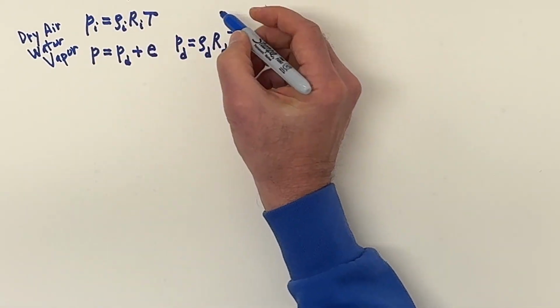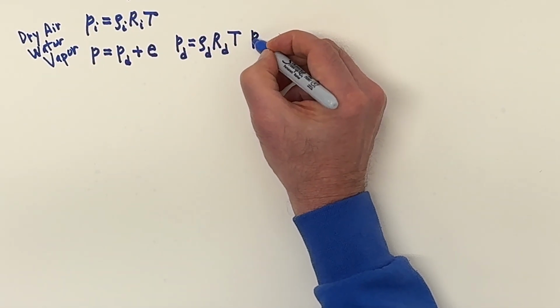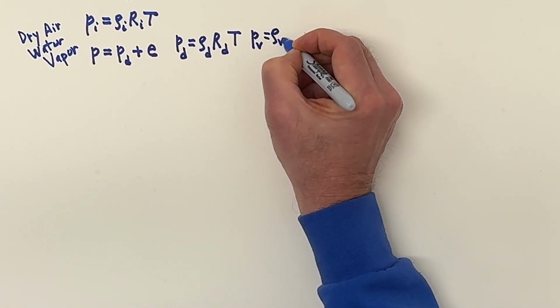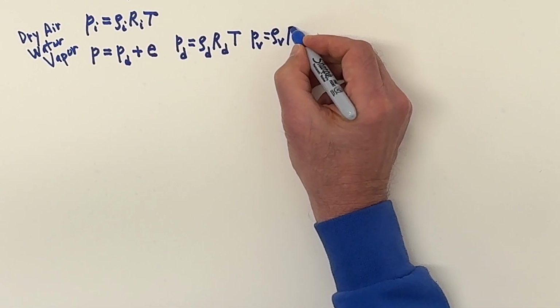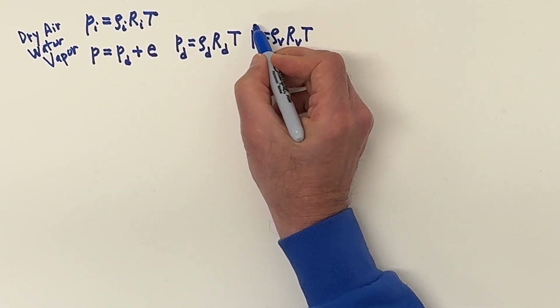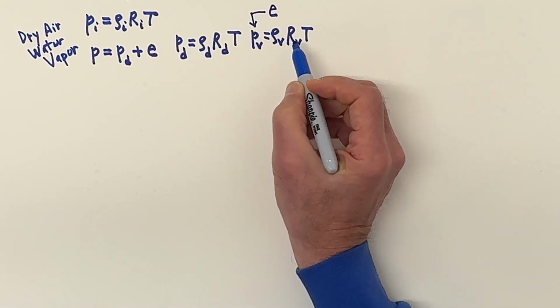We can also write this as the pressure of the vapor is equal to the density of the vapor times the gas constant for the vapor times T. Now we like to refer to this as E.